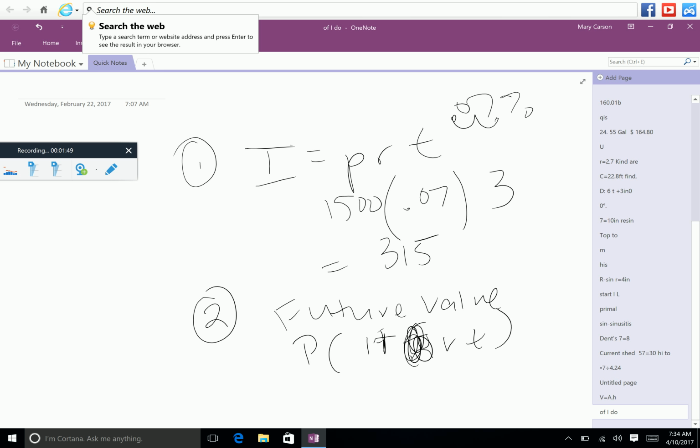The problem with this one that a lot of you messed up is it gives you time as 8 months. Well, time is always out of years, so this should have been 8 over 12 because there's 12 months in a year. Your rate was 4%, so that'd be 0.04 plus 1, and your principal was $300. And when you did that, you should have gotten $308 as your answer for that one.